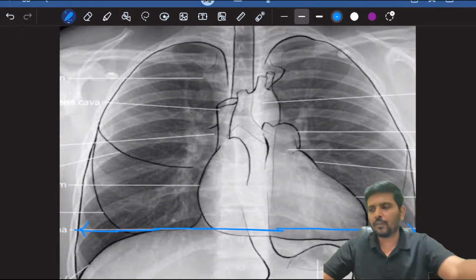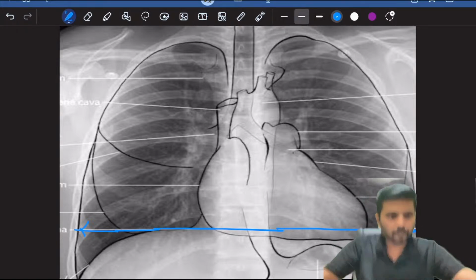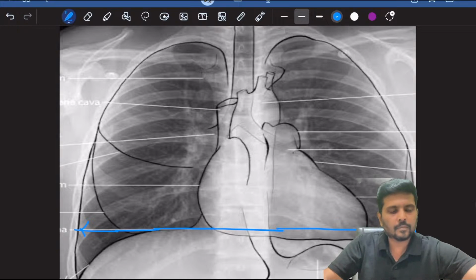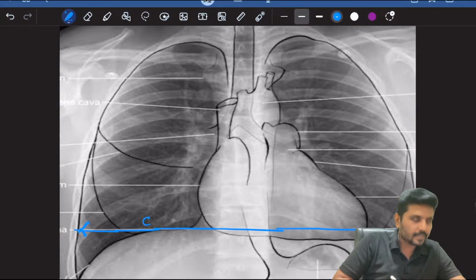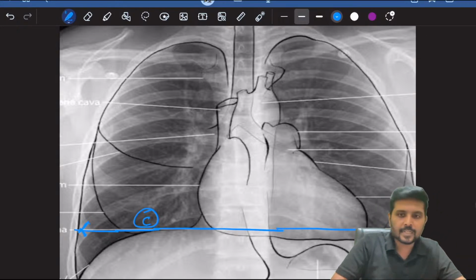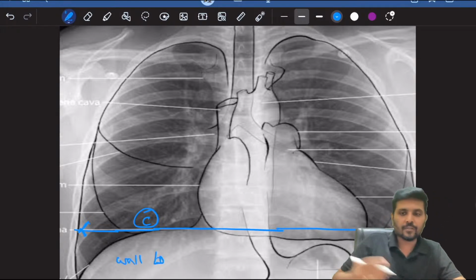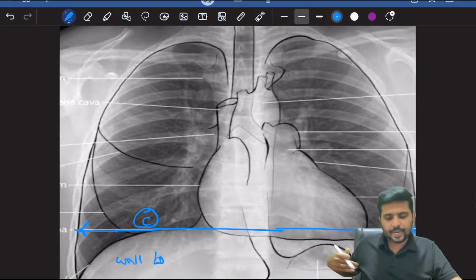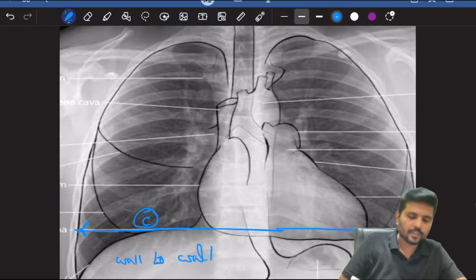So this is called wall to wall. Let me say this distance is C. You need to measure from the right corner to the left corner, wall to wall. This is C.